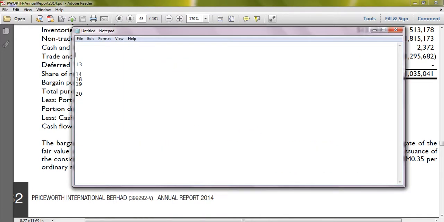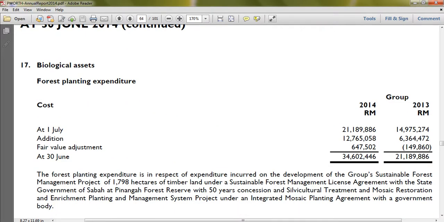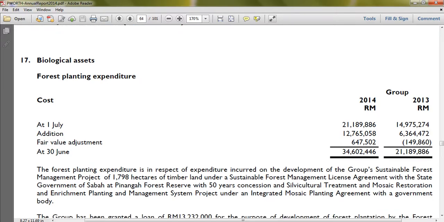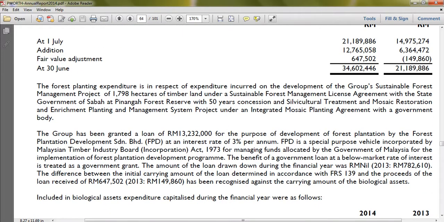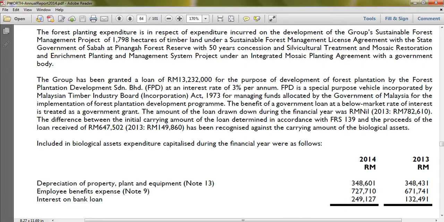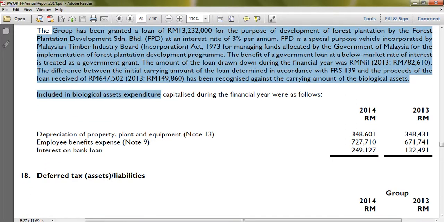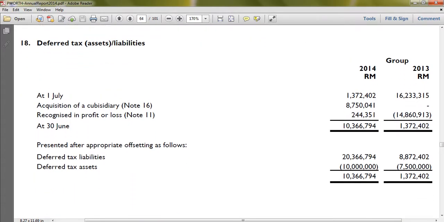So we already go to 13. 14, I don't think I go through that as well. Biological asset. Not really interesting on that. Note 16, recognize profit.